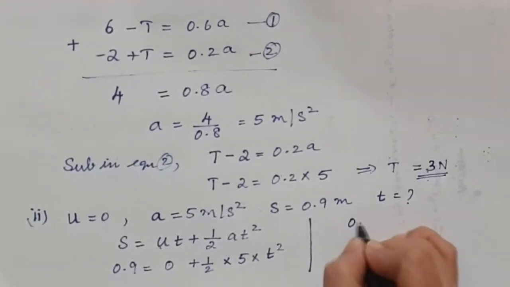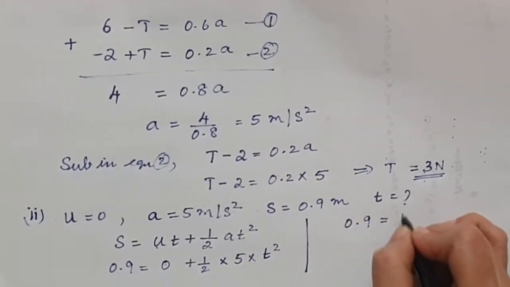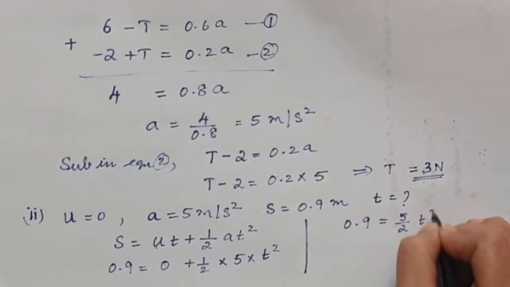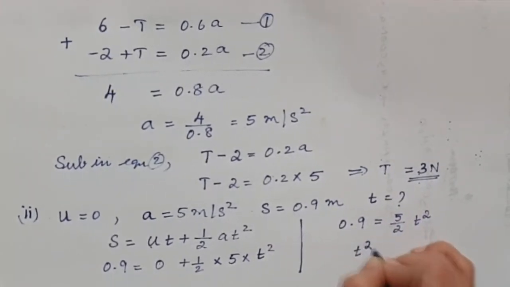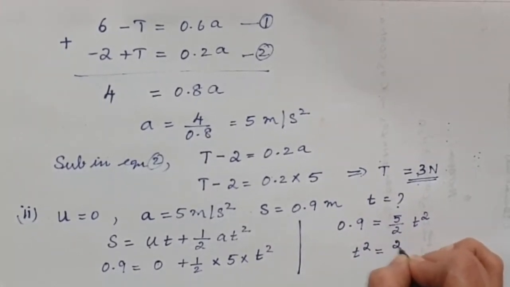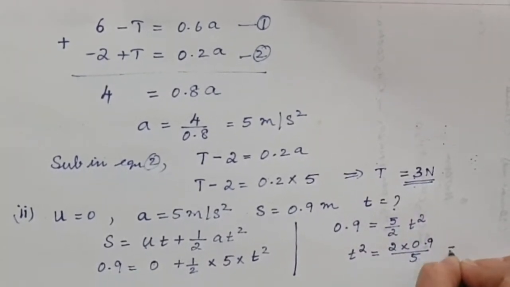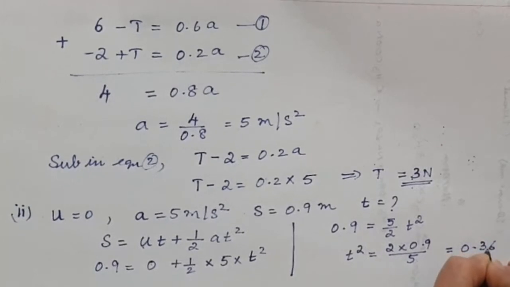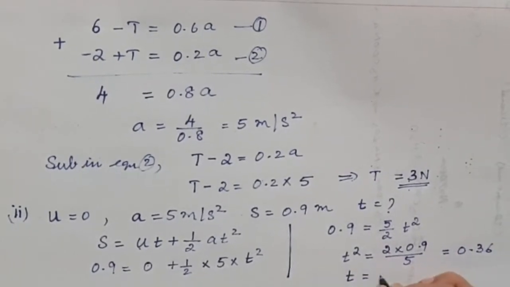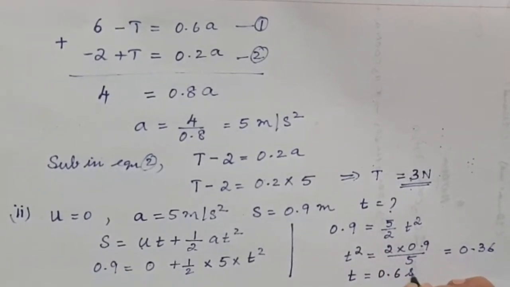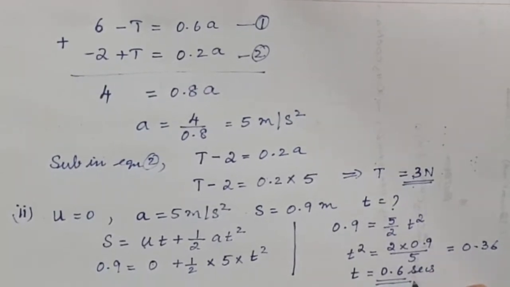So 0.9 equal to 5 over 2 t squared. So t squared equal to 2 into 0.9 divided by 5, which is equal to 0.36. t equal to 0.6 seconds.